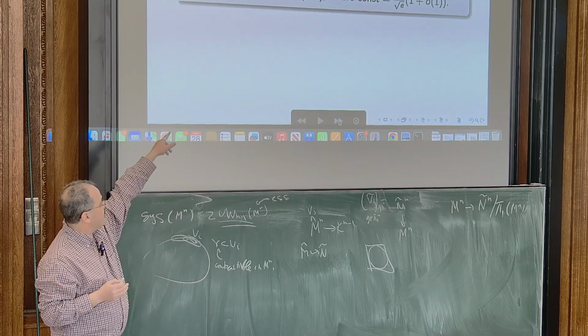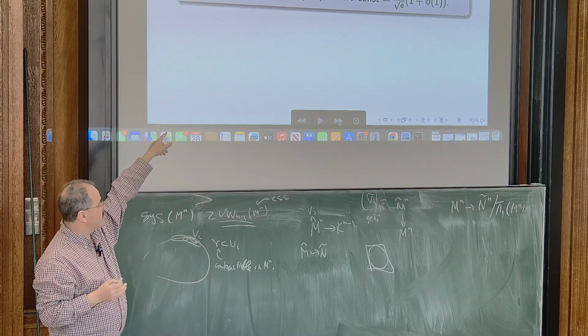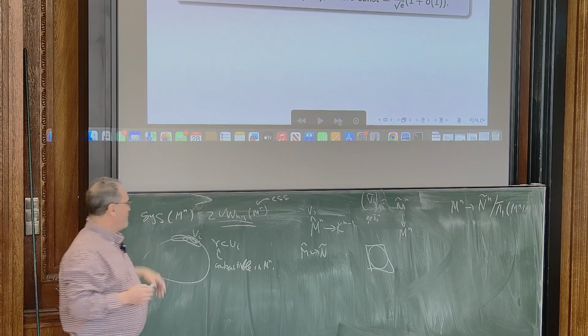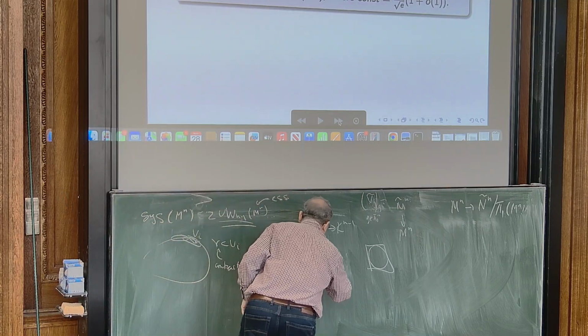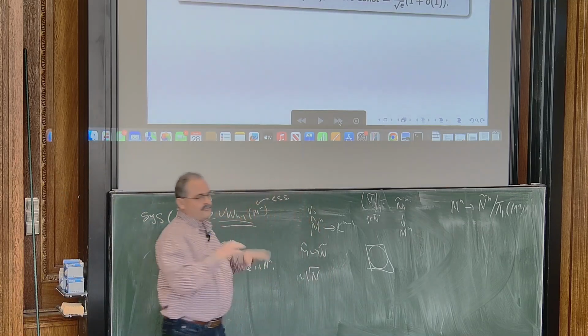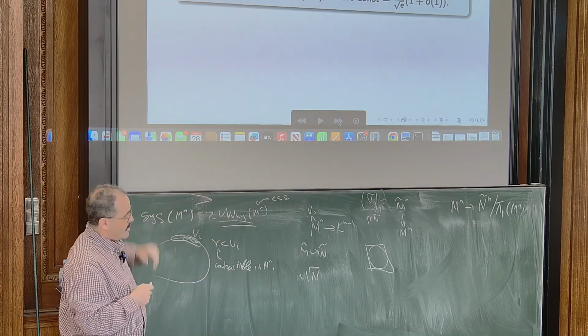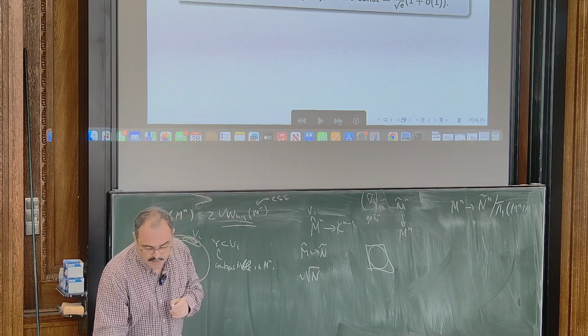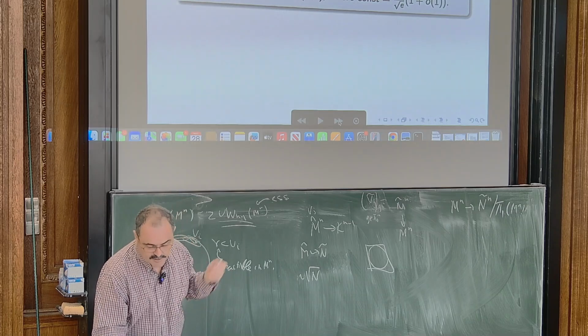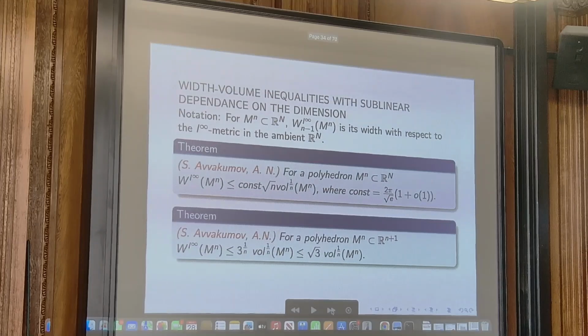Therefore, the right-hand side in our inequality is a priori much larger, maybe up to a factor of square root of this very large n, than the desired inequality with the Hausdorff measure with respect to L infinity. But still, that's what we have. Another result.